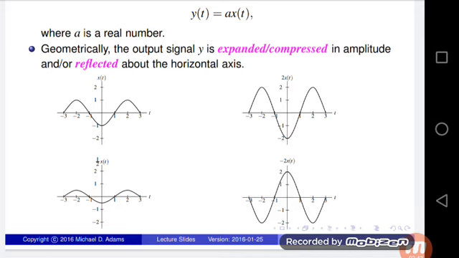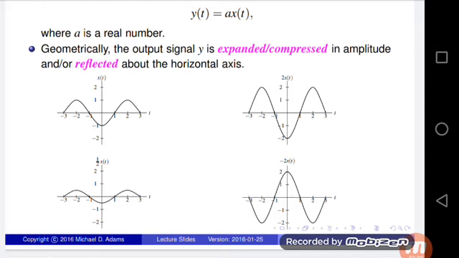But see the next diagram, 2x of t. That means the value will be increased, then automatically the waveform is also increased. When we are increasing the amplitude, the signal will be increased.